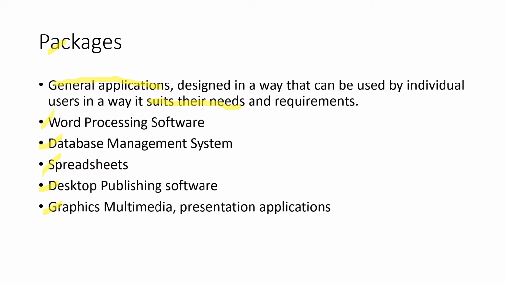Word processing software, we can say it's MS Word. Database management system, MySQL, Oracle. For spreadsheet, we can say MS Excel. Desktop publishing software, we can say Adobe Acrobat, Adobe PageMaker for creating printable media. And graphics, multimedia, presentation application, we can say the PowerPoint presentation tool.